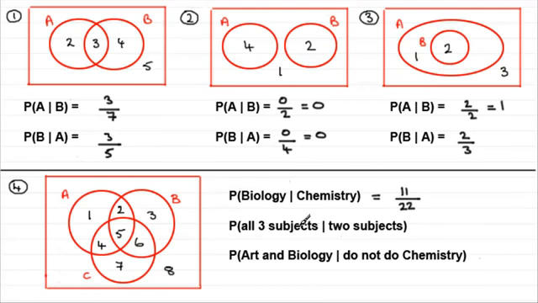Probability of doing all 3 subjects given that someone does 2 subjects. Okay, so how many people do 2 subjects? Well, I haven't said 2 subjects only here, okay? So it's just doing those 2 subjects, given that they do 2 subjects. Now, that would be this 2 here.